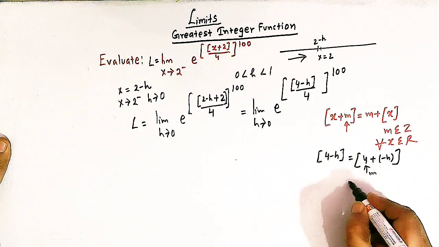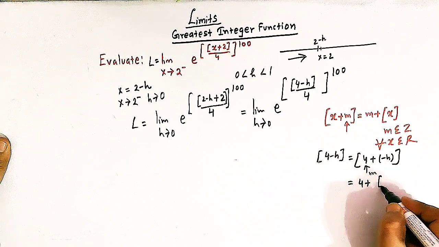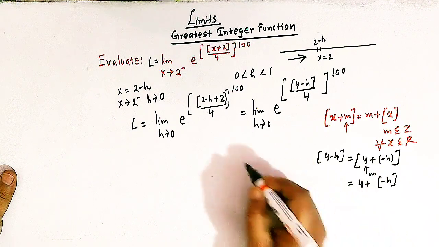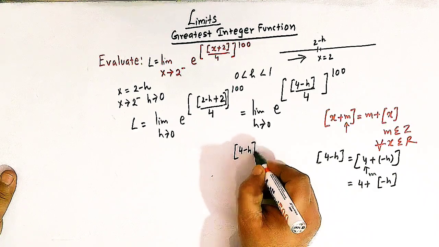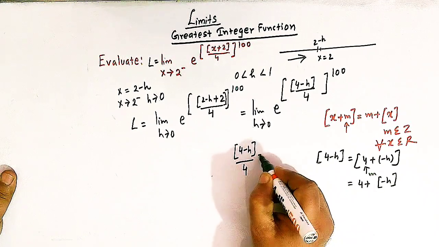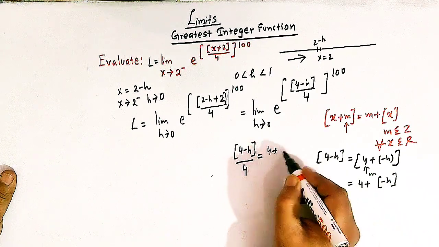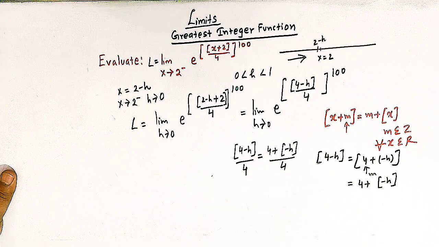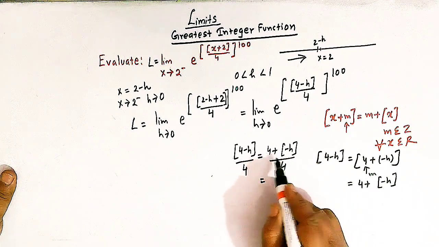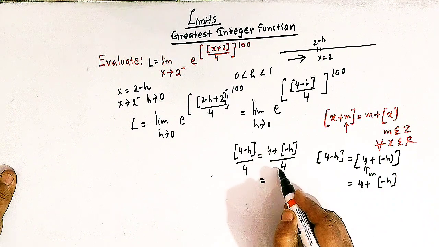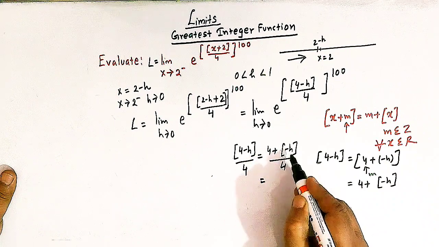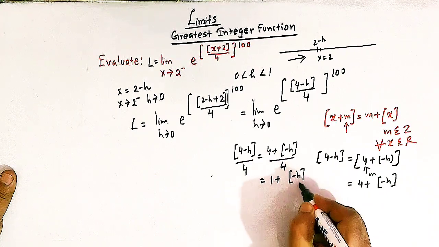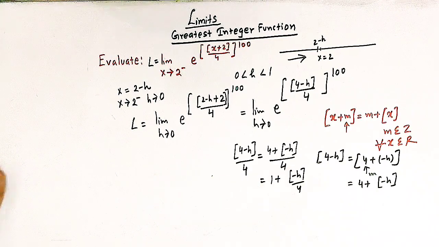So we can write 4 plus greatest integer of minus h. Now greatest integer of 4 minus h divided by 4 can be written as 4 plus greatest integer of minus h, divided by 4, and separating the two terms we have 1 plus greatest integer of minus h over 4.